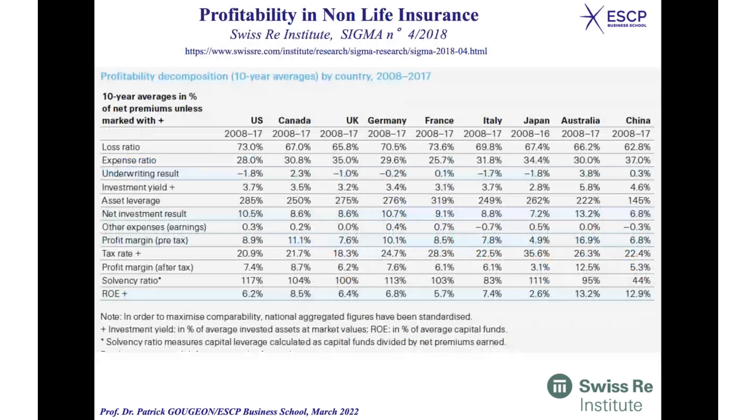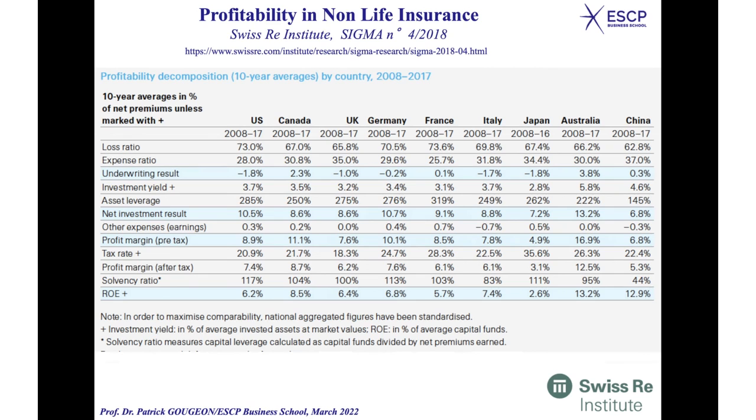Now, if you look at the case of the US, as well as Canada, all these countries, it's taken from the same report. You look at the underwriting result, average for this whole period, 2008 to 2017.